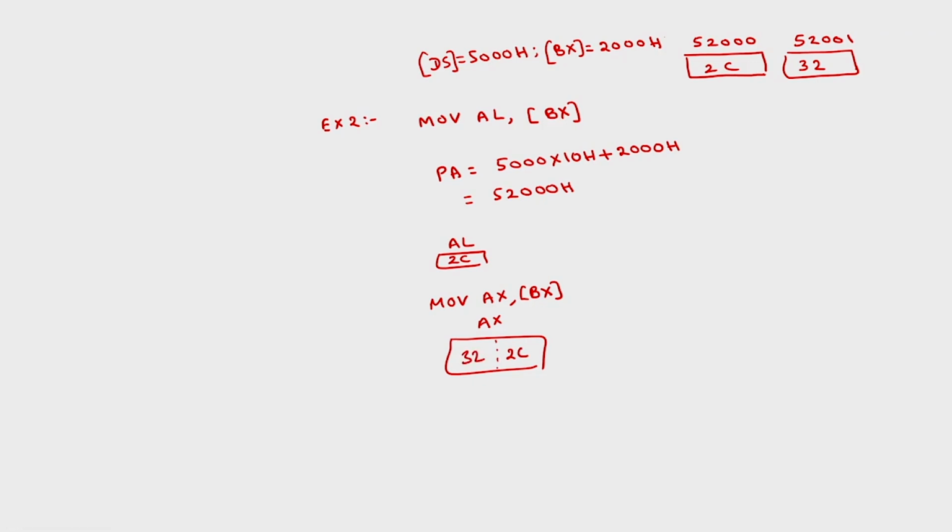This is similar to the previous example. Here the address is not specified, data segment is used by default, but you have specified a base register, that is why this particular addressing mode is called register indirect addressing mode.